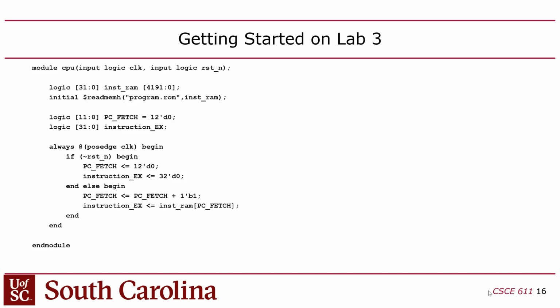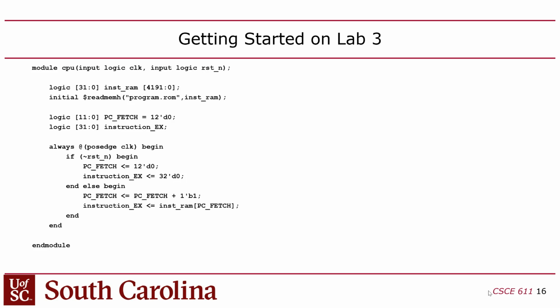Okay, so then we have the program counter. Now, you'll notice that I call it program counter underscore fetch. There's a reason for that. So this is a pipeline CPU. It's only 3 stages, but we have to keep track of what signals are in each stage. So the program counter is in the fetch stage, which means that if you're simulating your CPU and you look at the program counter, that's the address of the instruction that's actively being fetched in that cycle, right?